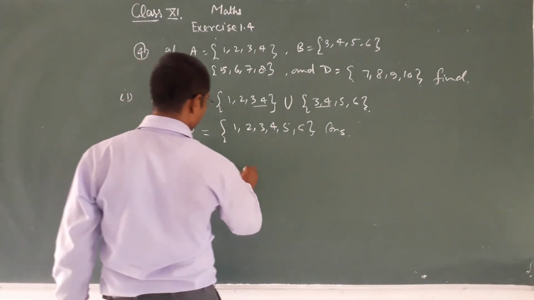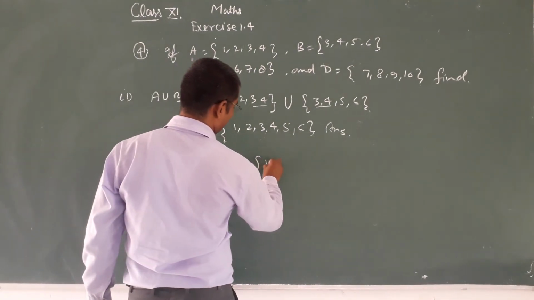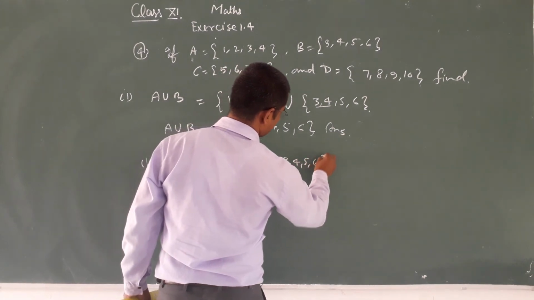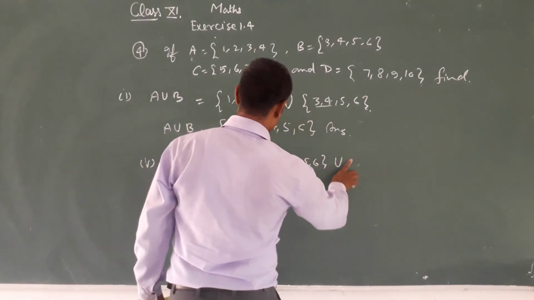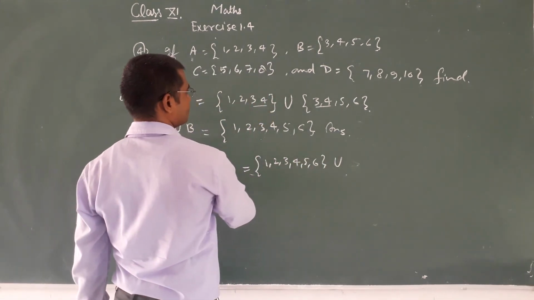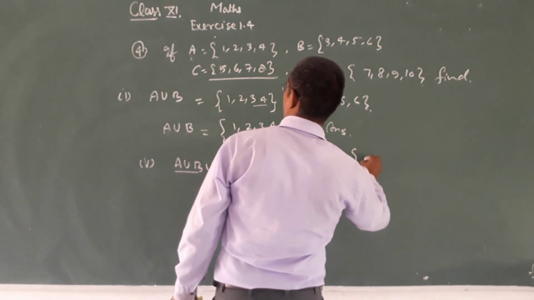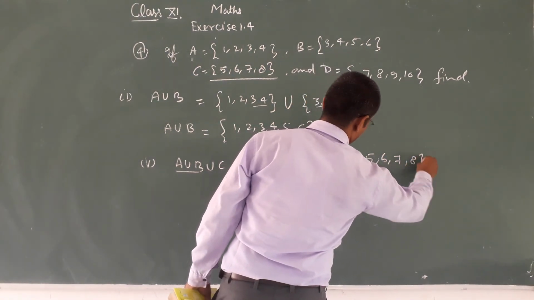A union B is equal to the set {1, 2, 3, 4, 5, 6} union C, so you can write 5, 6, 7, 8.